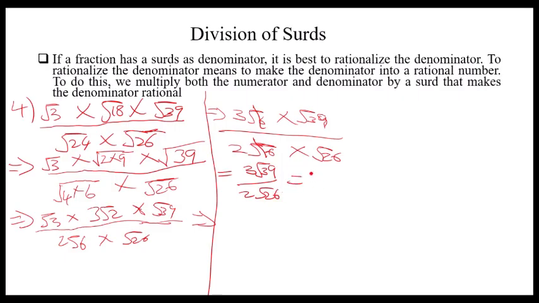So this is the same thing as 3 over 2 square root of 39 over 26. This is the same thing as 3 over 2 square root of 3 over 2. Right?